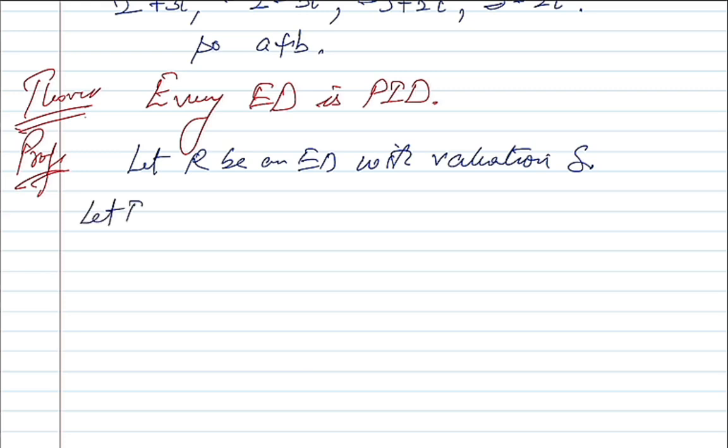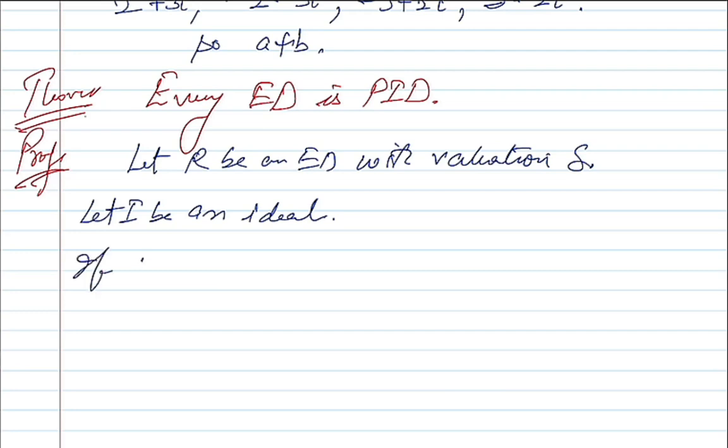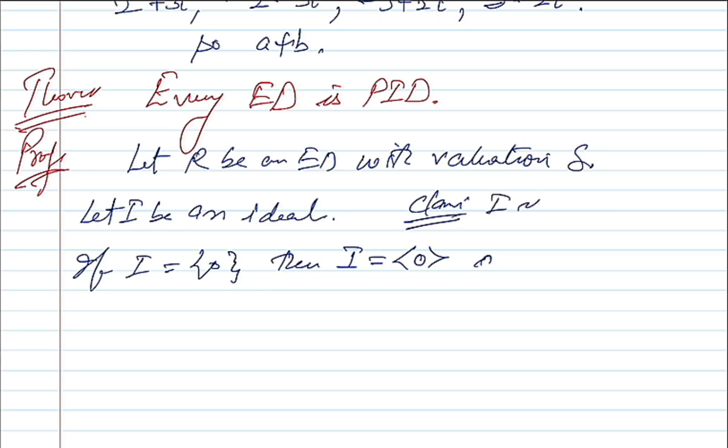Let I be an ideal. We have to prove that this ideal is generated by a single element, that is, this ideal is a principal ideal. Now first of all, if this ideal is 0, then it is generated by 0. So we are done.